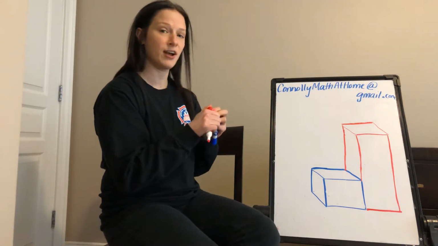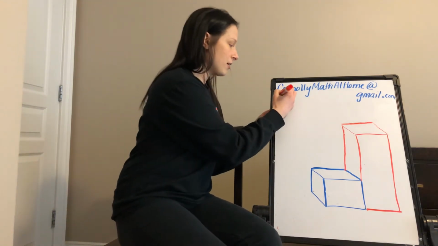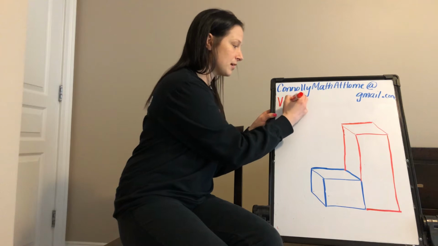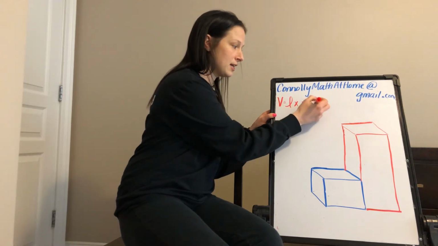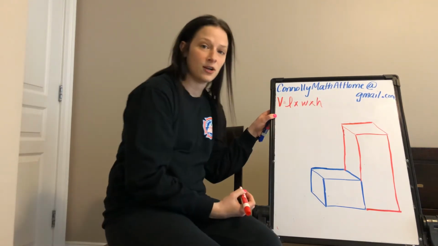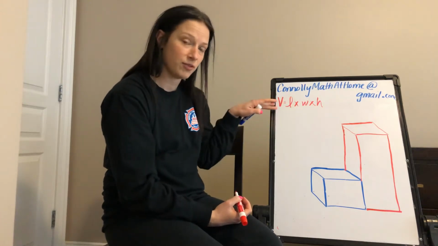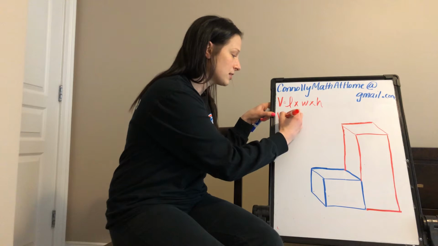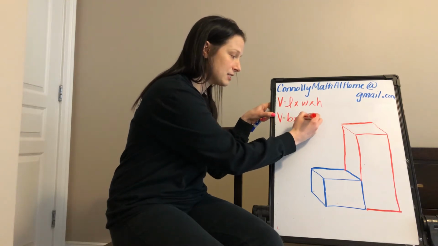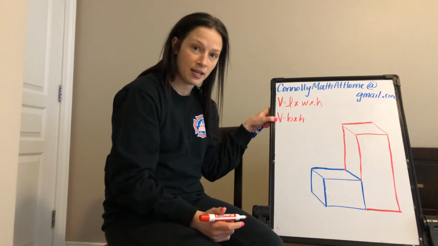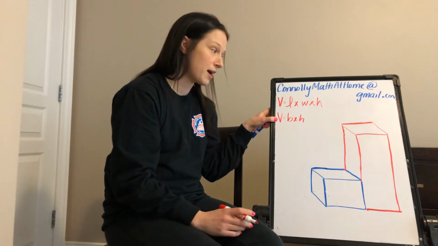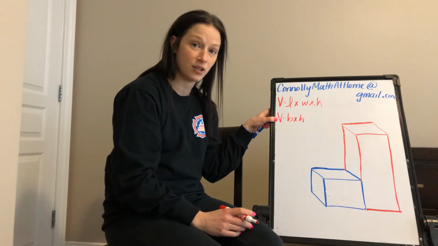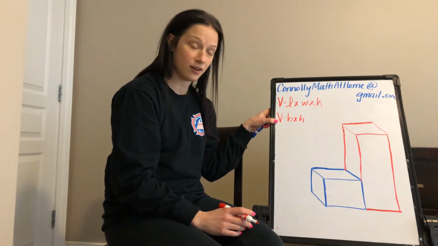When we are finding volume of a rectangular prism, there's length times width times height. That's how you find the volume of a rectangular prism. There's also another formula when we think about the base times height. We will not be using that one in this video, but if you watch my video on finding the volume of a rectangular prism, it goes over that there.